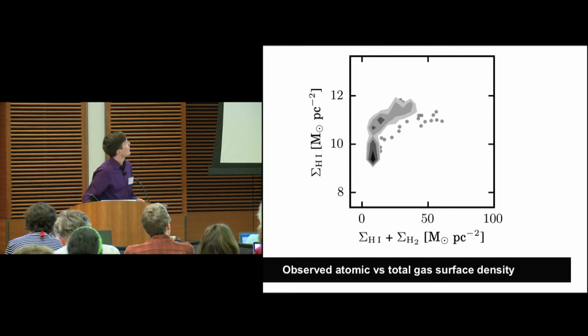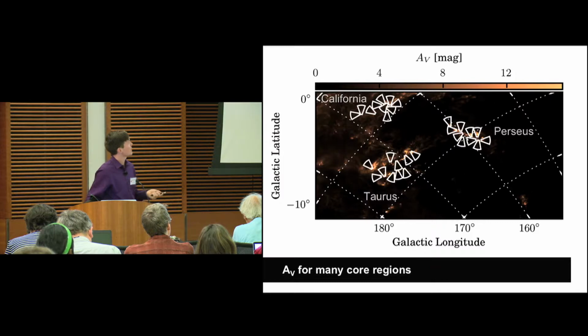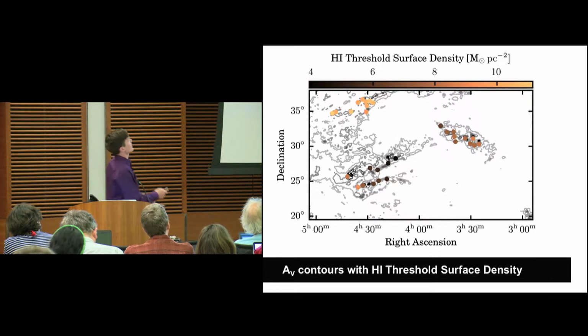Now let's take a look at this saturation for many other core regions in these giant molecular clouds. So we'll extend our sample to exactly 30 core regions and examine the H1 surface density threshold.